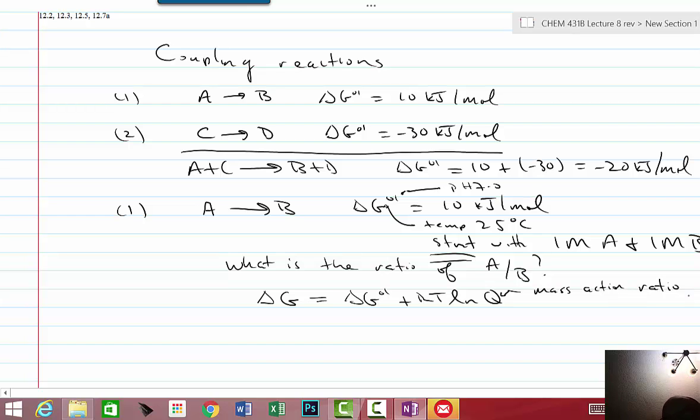And most of the time, that's the concentration of the products divided by the reactants.